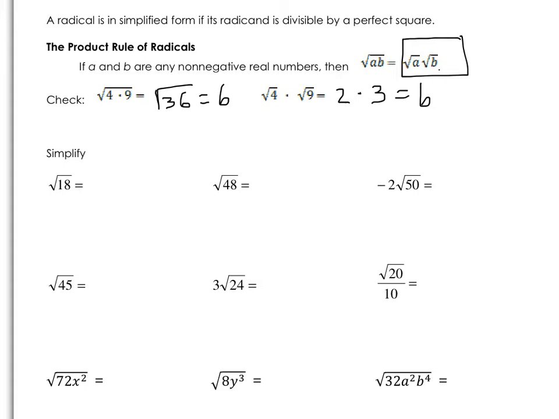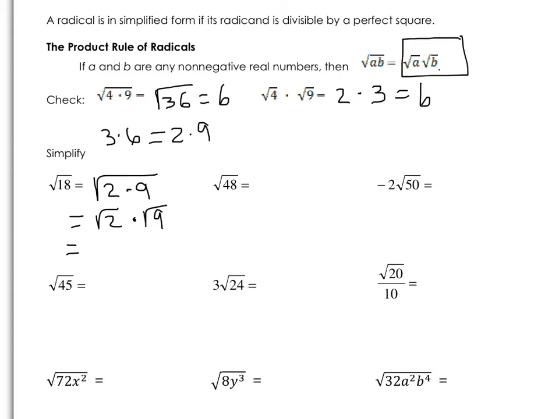So what can you factor 18? It could be 3 times 6. I can't take the square root of 3 or 6. That's not good. It could be 2 times 9. Ooh, I like the square root of 9. Let's write that as the square root of 2 times 9. The square root of 2 I can't really do anything with, but the square root of 9 is 3.